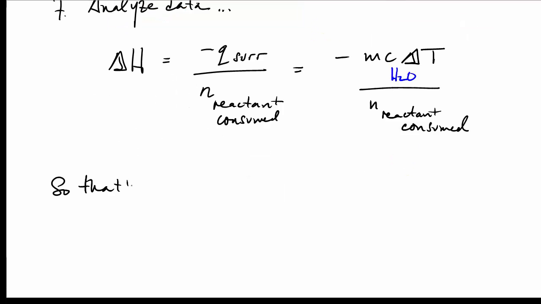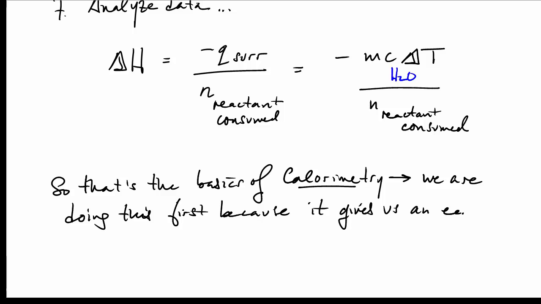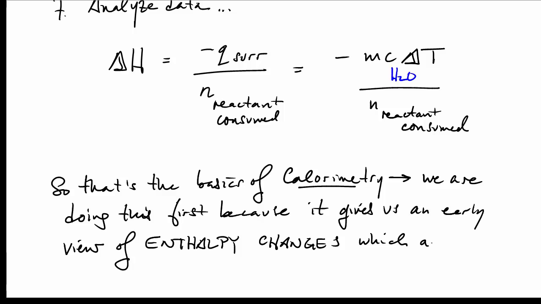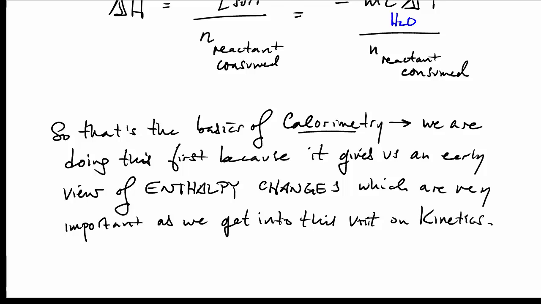So that's the basics of calorimetry, at least our quick introduction. And we are doing this first because it really gives us an early view of that big idea we have, enthalpy changes. They're really important in this unit we're starting on chemical kinetics.